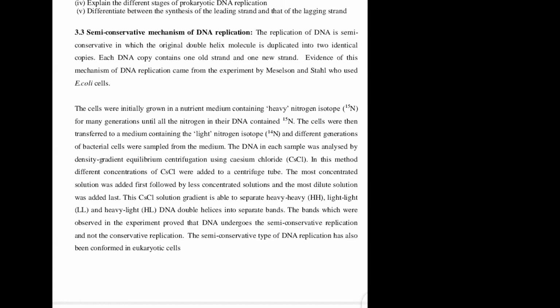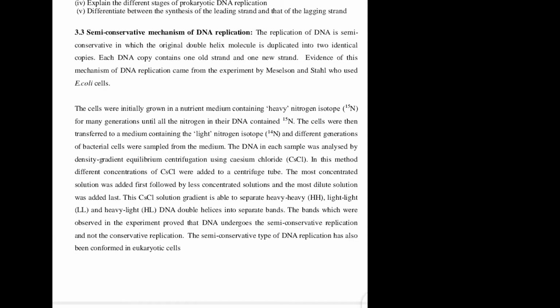The third objective is to list the enzymes and proteins involved in prokaryotic DNA replication and explain the role of each of them. Then explain the different stages of prokaryotic DNA replication. Then we should differentiate between synthesis of the leading strand and that of the lagging strand. So, understanding what we call the semi-conservative mechanism of DNA replication.